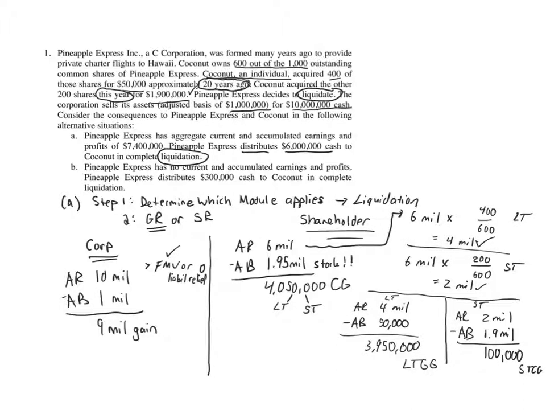And if you add those together, you get $4,050,000, and guess what? You're done with A. So we break up the amount realized based on the number of shares. That's the rule. Any questions on that? Okay. Now we're going to do B, which will be real quick.